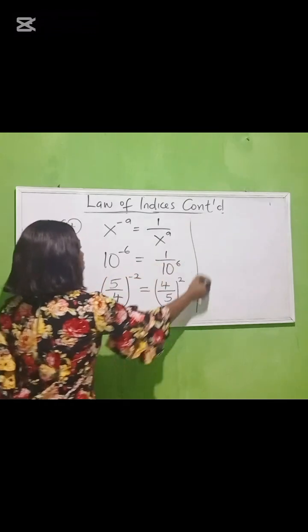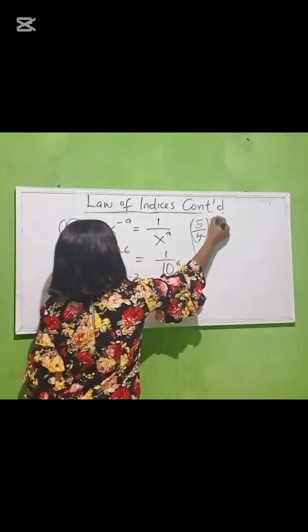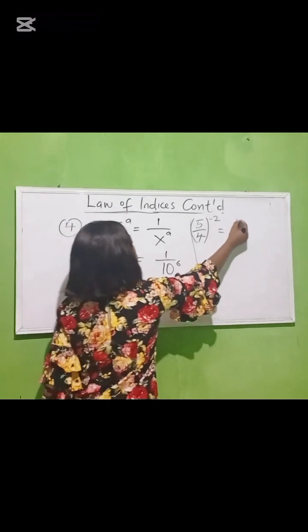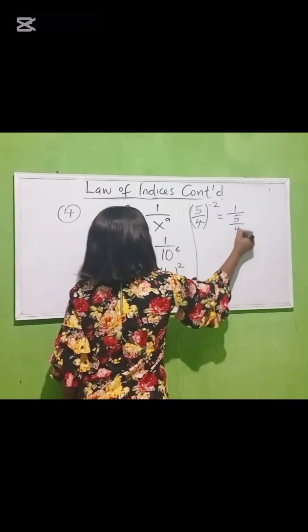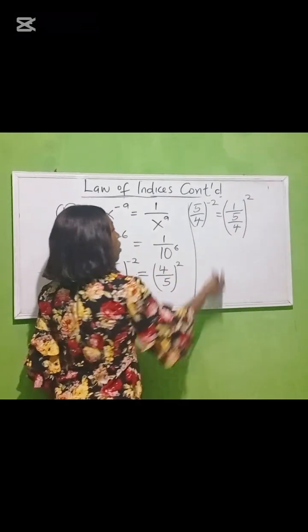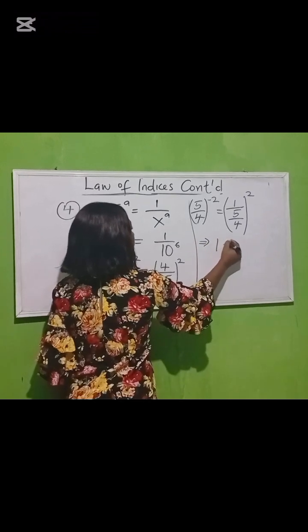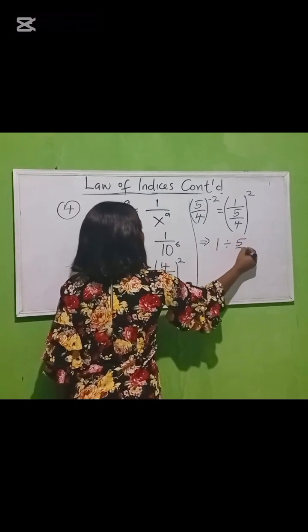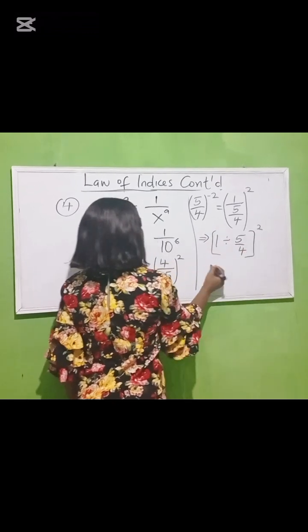Let me show you how the working is. You have it as 5 over 4 raised to power negative 2. So what it means is that you write it as 1 over 5 over 4 in bracket raised to power 2. Are you seeing it? Inside the bracket, it means 1 divided by 5 over 4 in bracket raised to power 2.